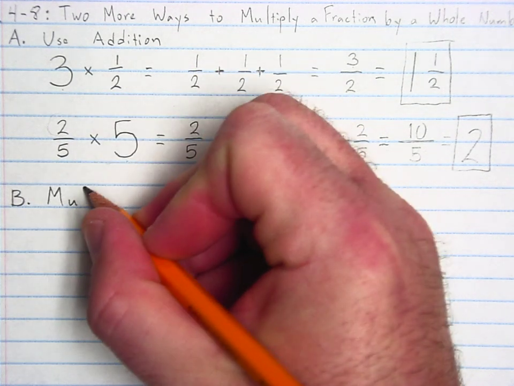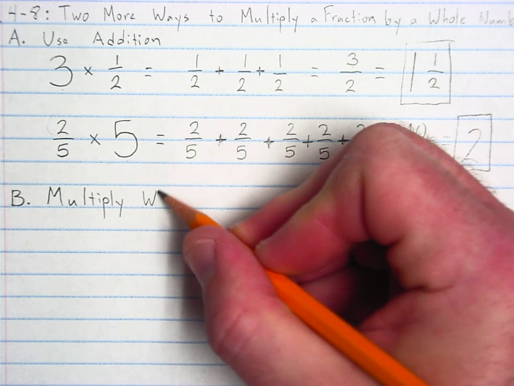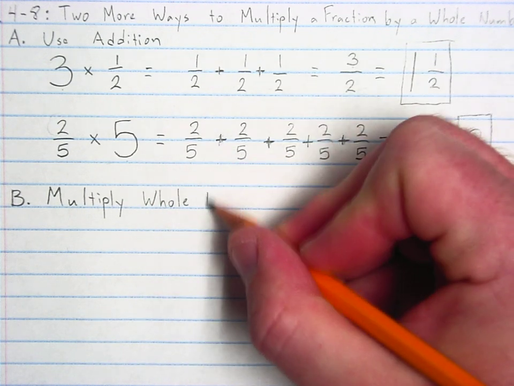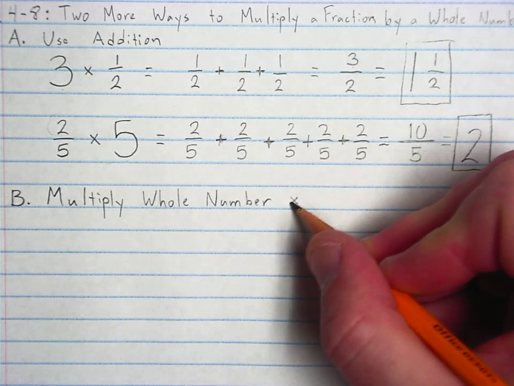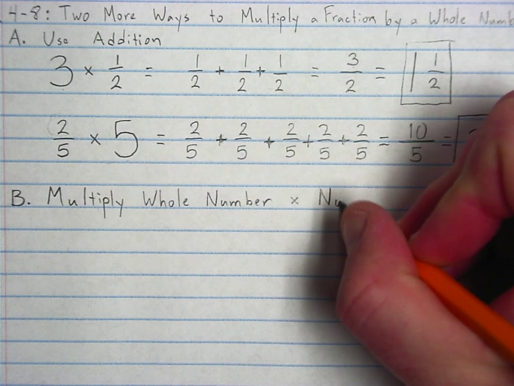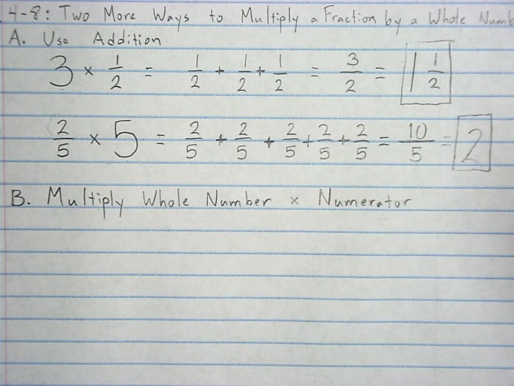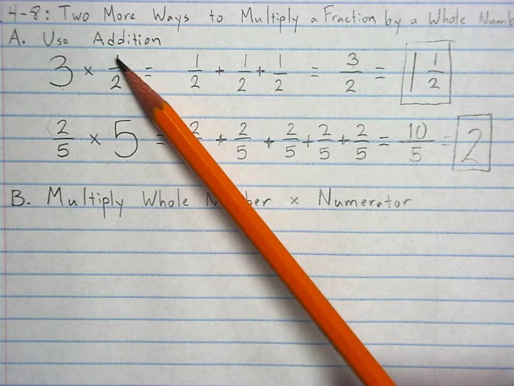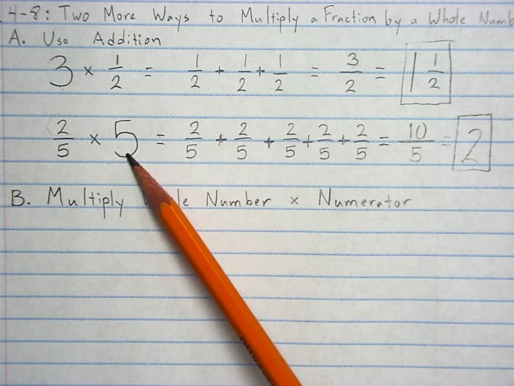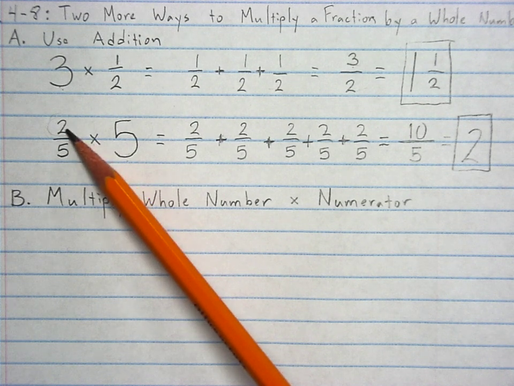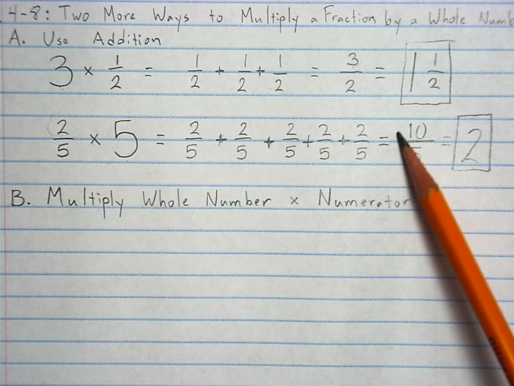We can take a little bit of a shortcut and simply multiply the whole number times the numerator. Crazy. If you look back up here, 3 times 1 is 3. And 5, there's our whole number, times 2. 5 times 2 is 10.